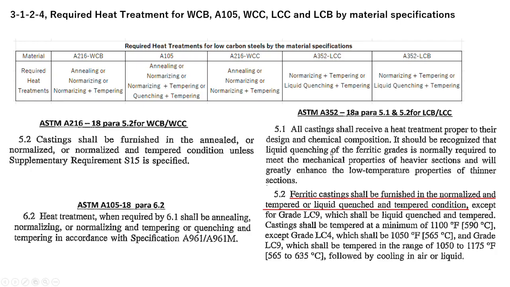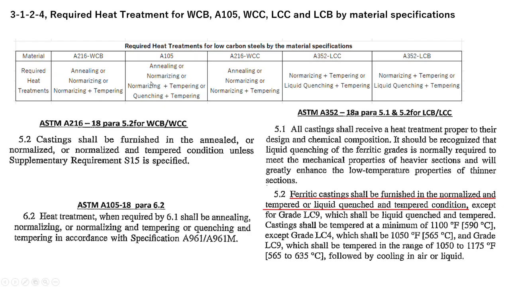It should be recognized that liquid quenching of the ferritic grade is normally required to meet the mechanical properties of heavier sections and will greatly enhance the low temperature properties of thinner sections. Section 4.2 is a normal requirement: ferritic castings shall be furnished in the normalized and tempered or liquid quenched and tempered condition.